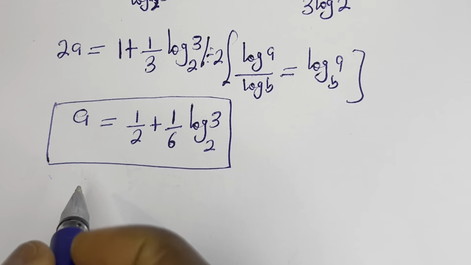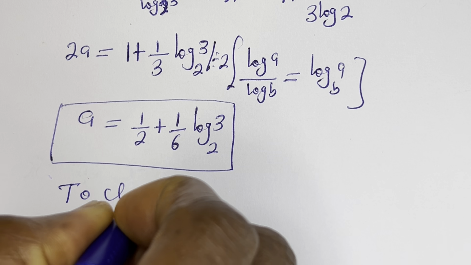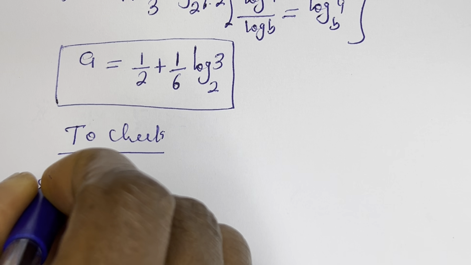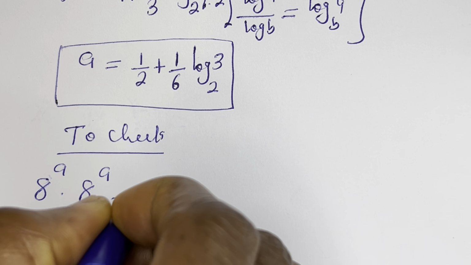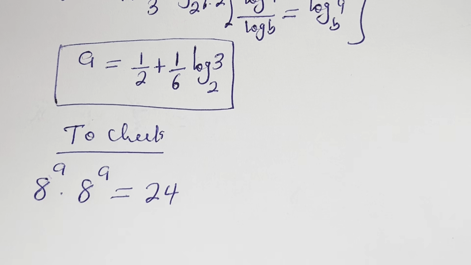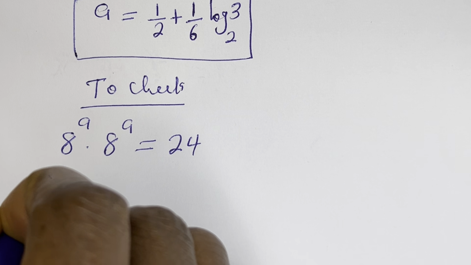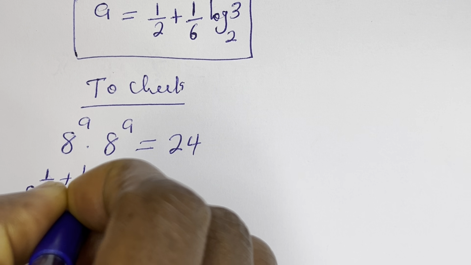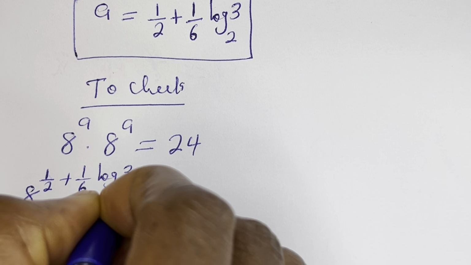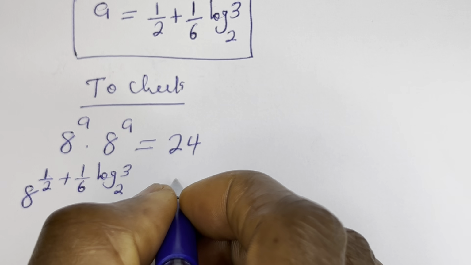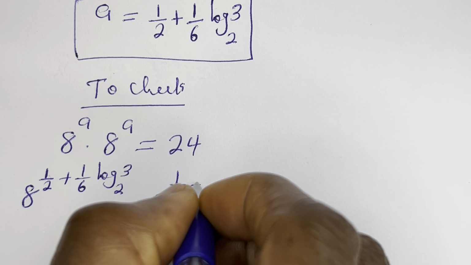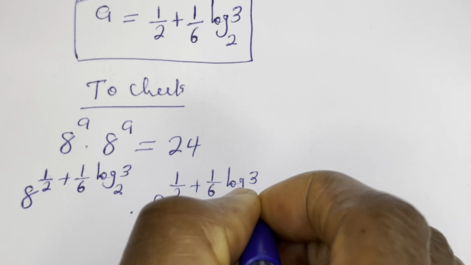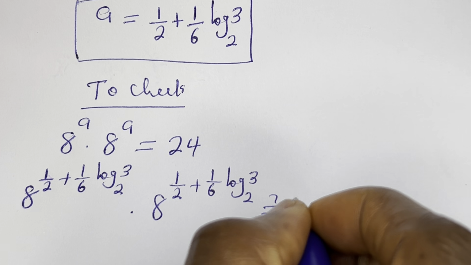Let's check. To check, we have the given equation 8 to the power of A multiplied by 8 to the power of A is equal to 24. Then this is 8 to the power of 1 over 2 plus 1 over 6 log 3 base 2 multiplied by 8 to the power of 1 over 2 plus 1 over 6 log 3 base 2 must be equal to 24.